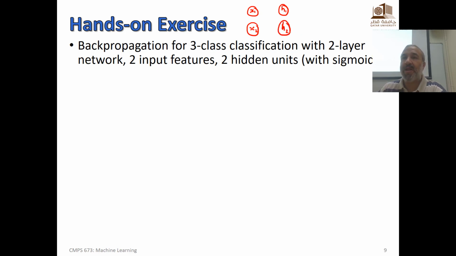And then how many output layers? The output layer is just 1, but how many units in that layer? 3. So 3 units in the output layer. We always have 1 output layer. So this is O1, O2, O3.